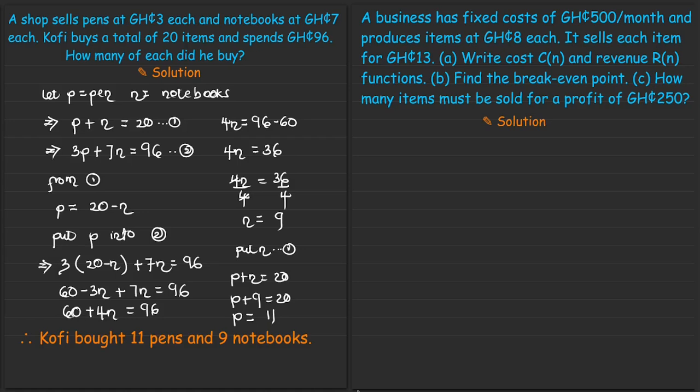So our last question says, a business has fixed cost of 500 cedis per month and produces items at 8 cedis each. It sells each item for 13 cedis. We are first to write the cost and revenue functions. Secondly, we have to find the break-even point. Then how many items must be sold for a profit of 250 cedis?